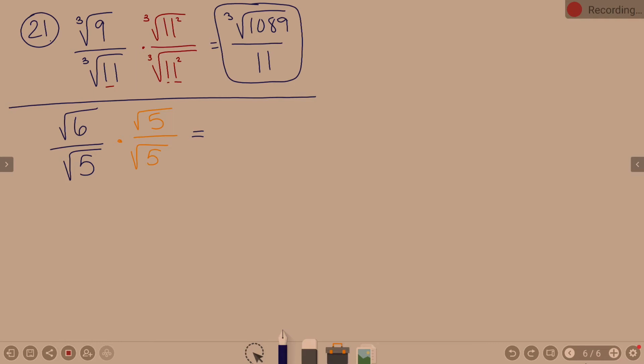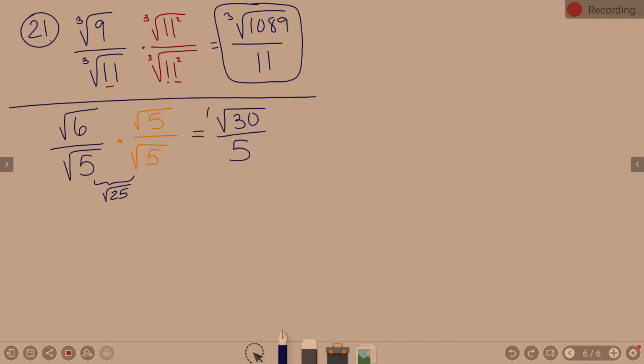On top, what is square root of 6 times square root of 5? Square root of 30. Good. On bottom, what is square root of 5 times square root of 5? It is 5, yes? If you want to say square root of 25, you can, but realize it just becomes 5.